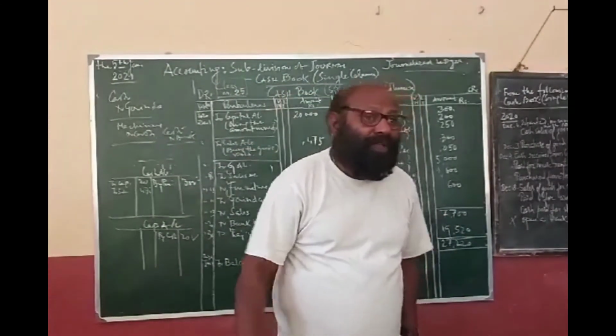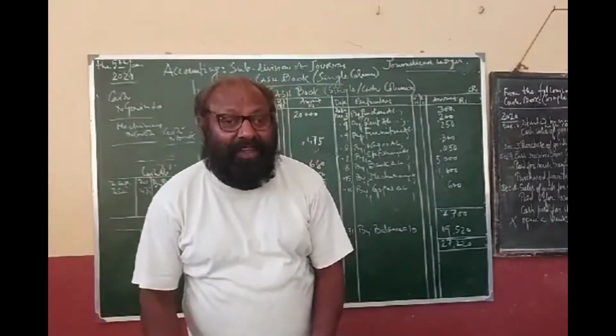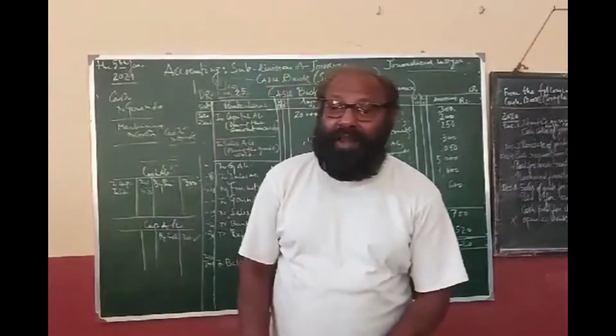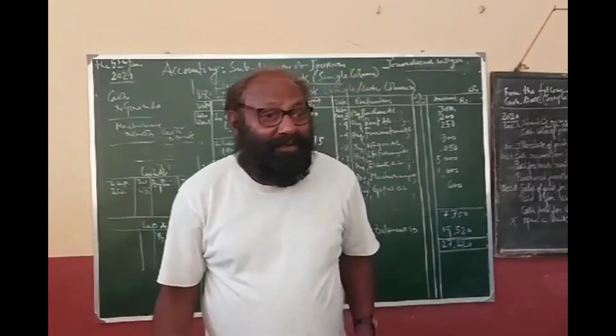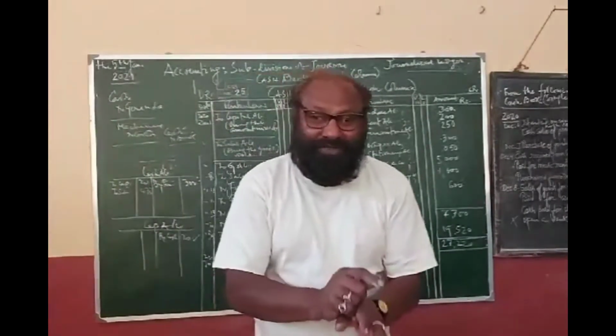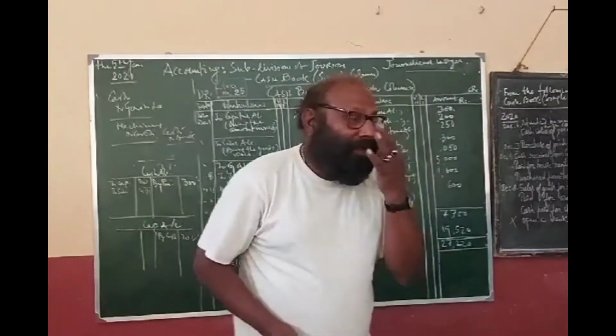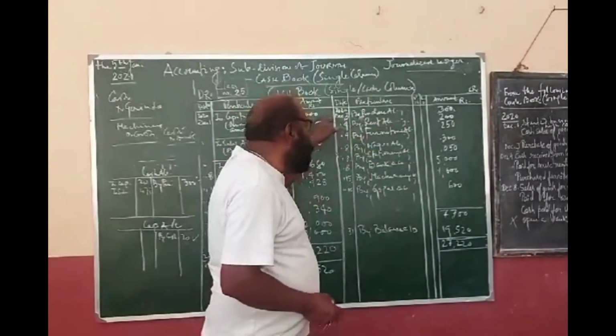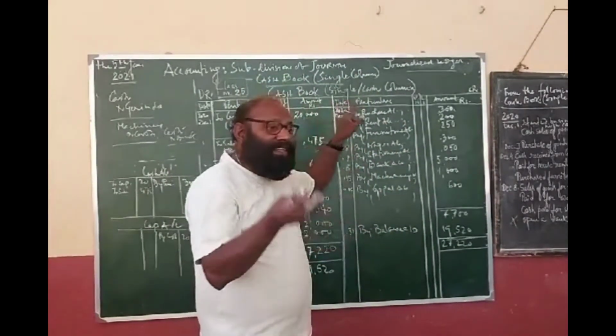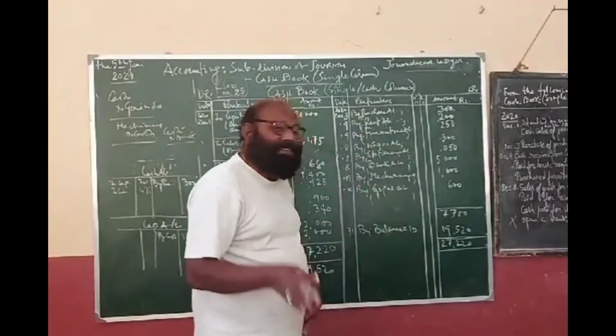Now we human beings are very intelligent. We always try to reduce our load of work. So here we have only recorded the inflow of cash and outflow of cash.